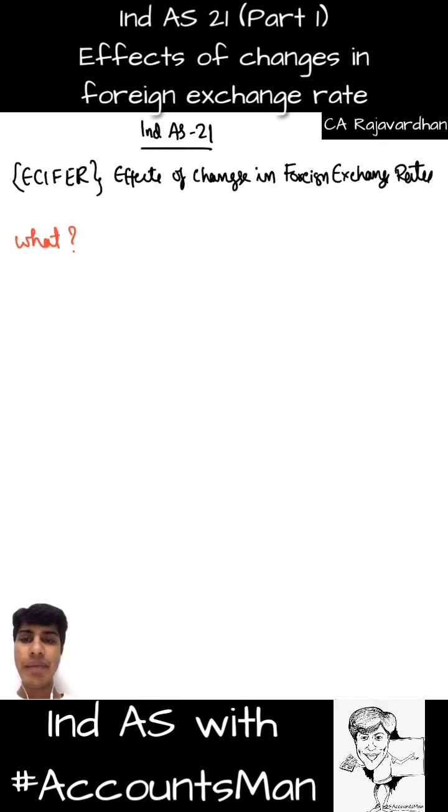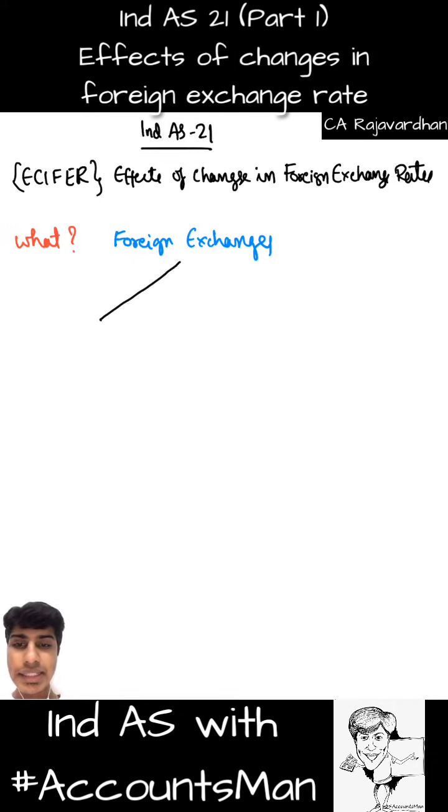So if I have to write it, we're going to account for changes in foreign exchange rate. So what are we going to deal with? We're going to deal with foreign exchanges, meaning exchange between one currency to another currency. I'll give you dollars, you give me rupees, or I'll give you rupees, you give me dollars. So how to account for such transactions? You get that? So with respect to this standard, the foreign exchange rates that are there are basically categorized into three.